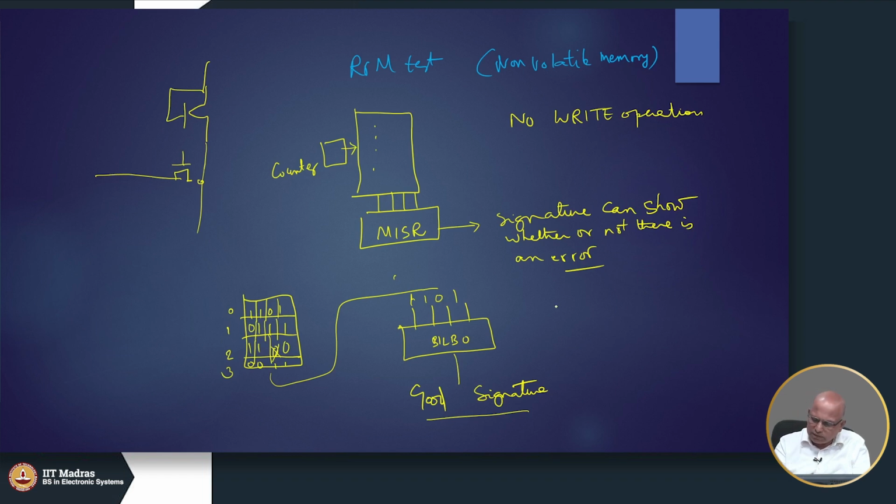So, I will leave that as an exercise for you. Take a ROM which is, let us say, 8 cross 8. Let the contents be these.